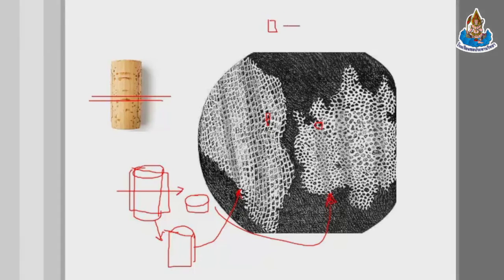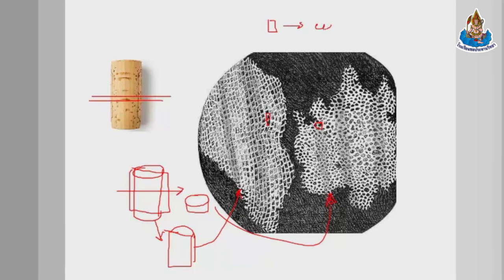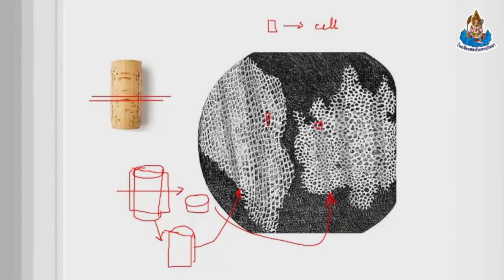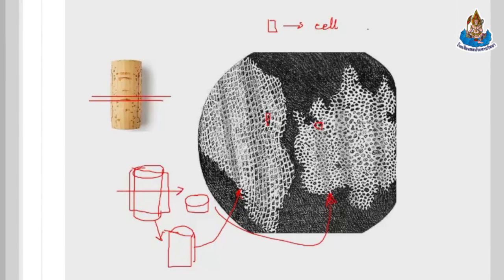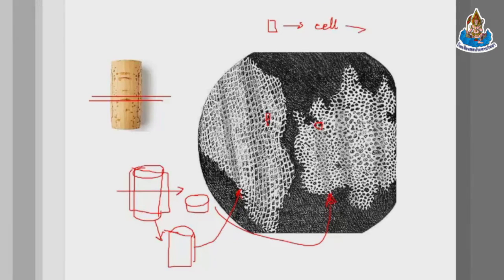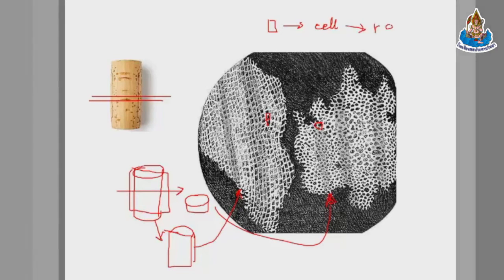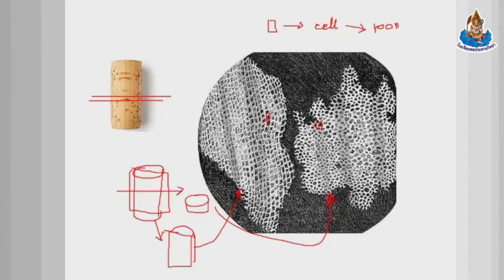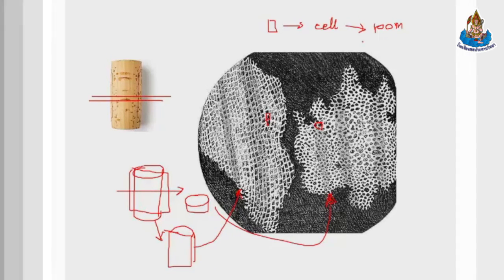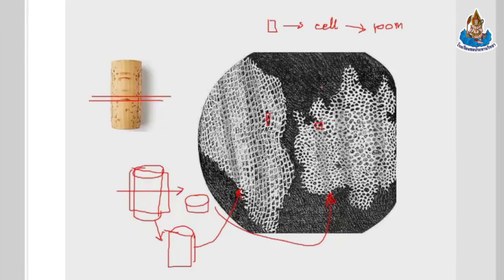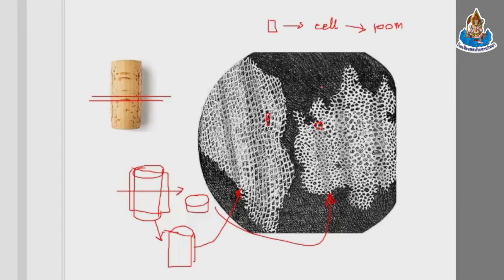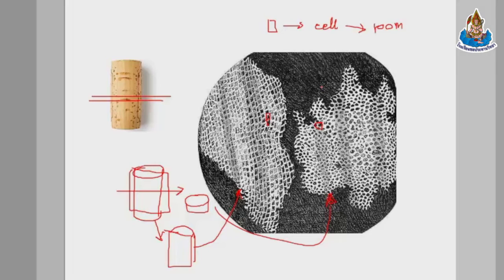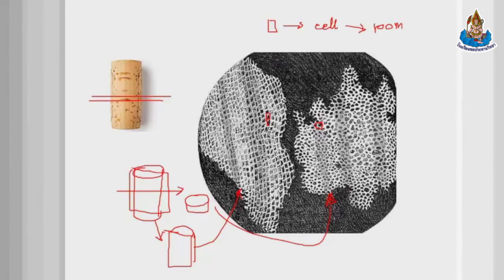The old meaning of cell is room. That's why he used this word for the structure he found. Now, you may ask, cork is not a living thing, so why does it have cells? Cork is a dead part of a plant.